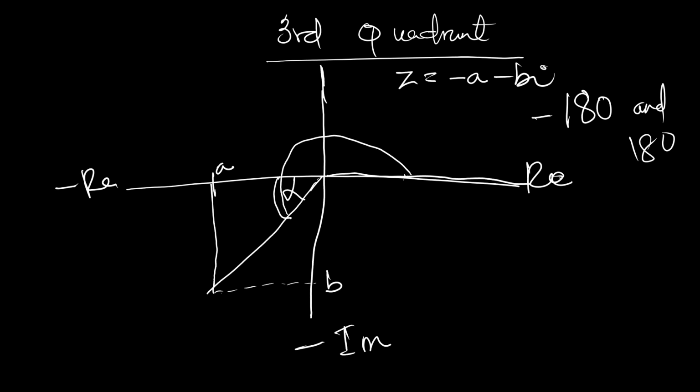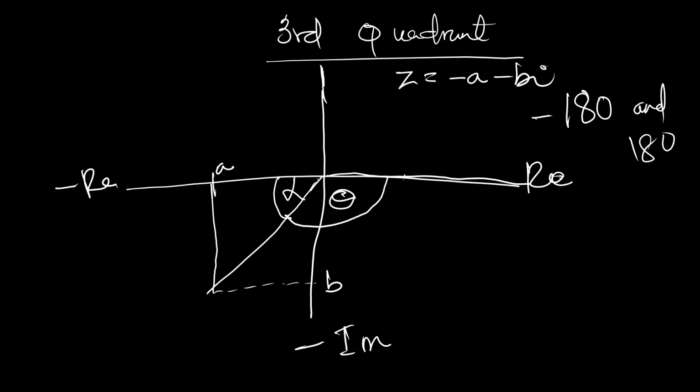In the third quadrant, we don't measure the angle in the anti-clockwise direction, but rather in the clockwise direction. So in this case, this is the real axis, so we can measure it from here. When we measure it from here to here, we're going to get our theta. And mind you, when you are measuring angles in the clockwise direction, you're going to have negative angles, right?